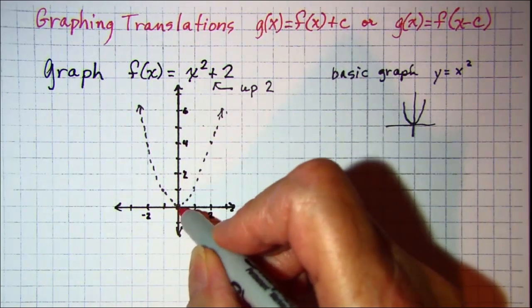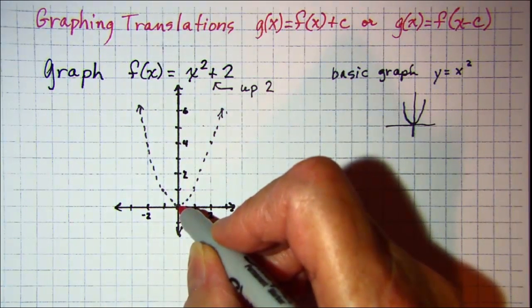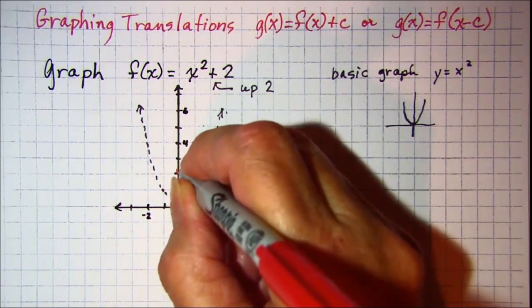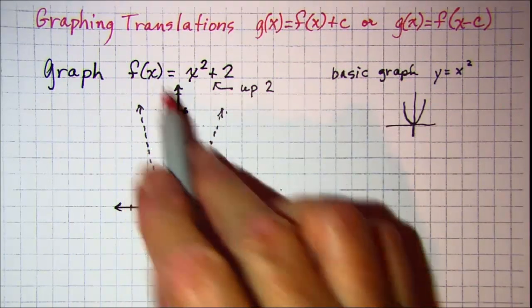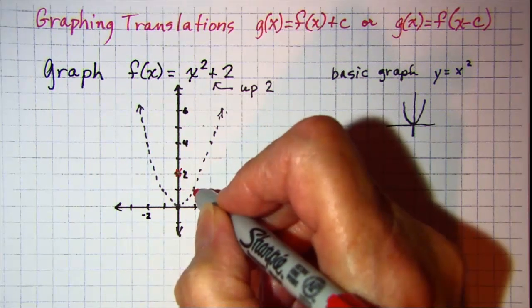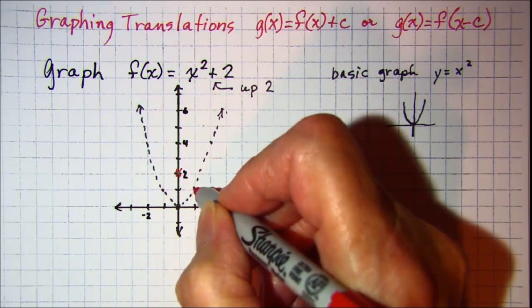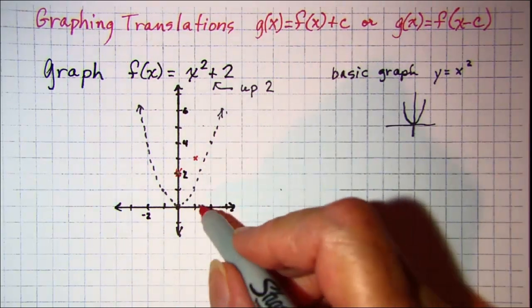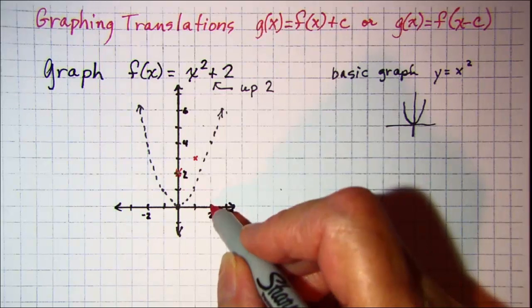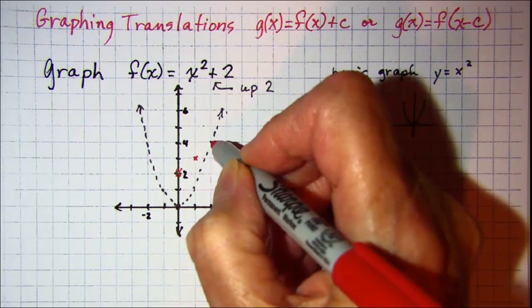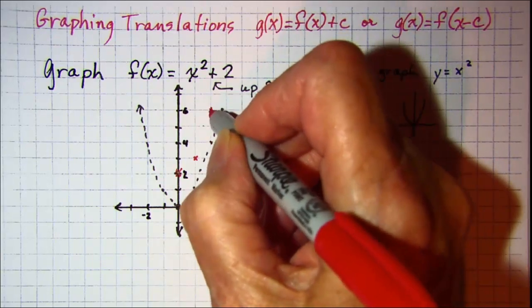So when x is 0, we had 0 for the basic graph. We want to take that y value and add 2, so it's going to go up here. So our f of x is going to go through this point. When x was 1, our basic graph had a y value of 1, so we're going to add 2 to that, and now we'll be at 3. On the basic graph, when x is 2, y was 4, so add 2 to that, and we have 6 for the y value on f of x.